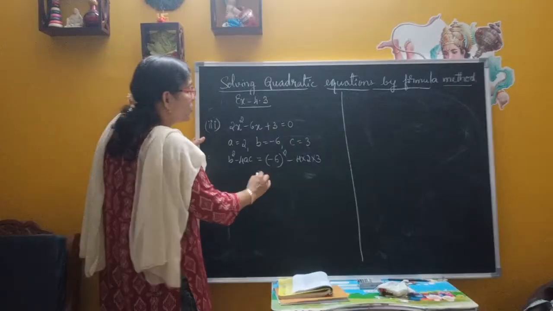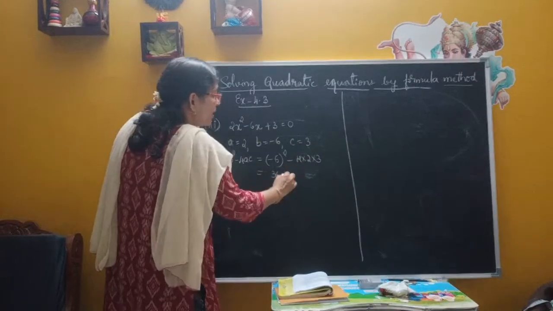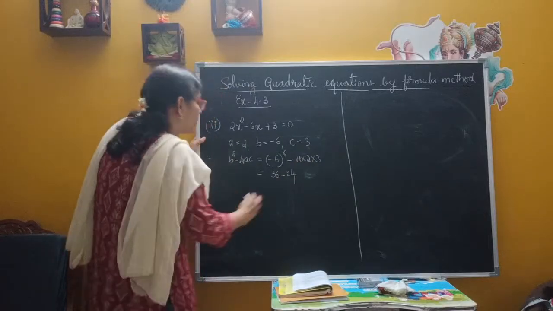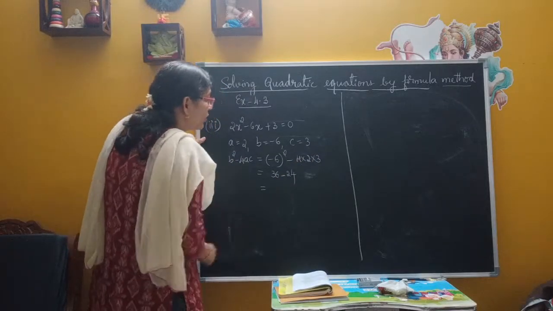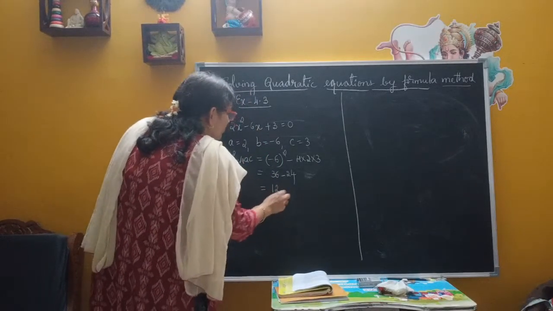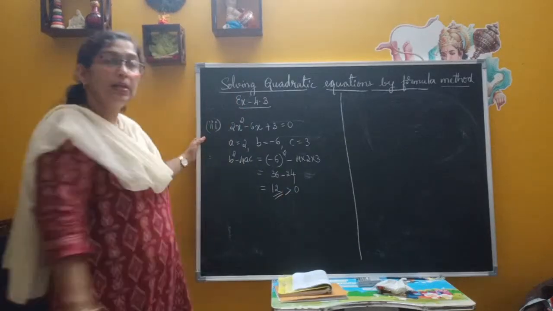Minus 6 whole square is 36, minus 4 into 2 into 3, that is 24. So 36 minus 24 is 12. So it is greater than 0.